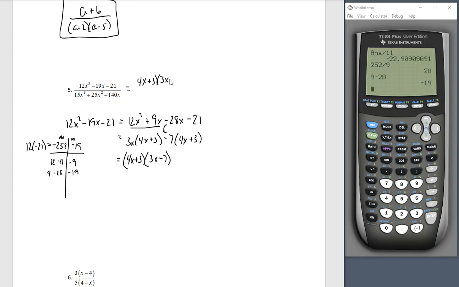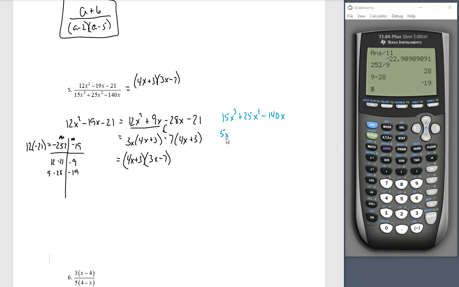All right, so we have 4x plus 3 and 3x minus 7. All right, now we have to factor this beast of a denominator. Let's take a look. I'm going to put it in blue so I can write it right next to it. 15x cubed plus 25x squared minus 140x. My first thought is everything's a multiple of 5 and everything has an x.